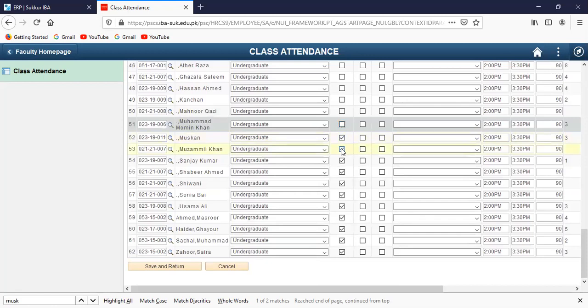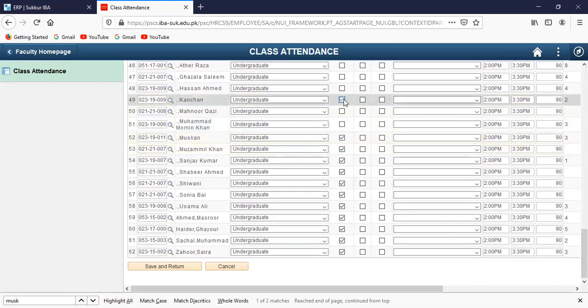प्रेजेंट सर। सर आपने मेरी प्रेजेंट नहीं लगाई, आप कंचन। Zamil Khan, Sanjay Kumar, Shabir. जी सर। Shivani, Sonia, Saira, Razia, Sonia, Osama, Masroor.